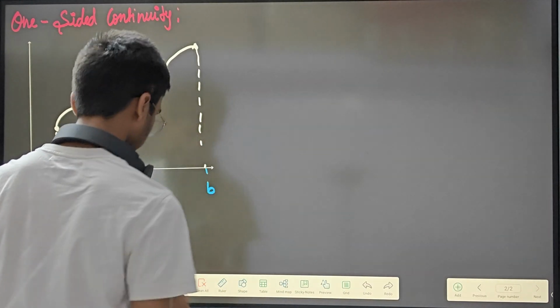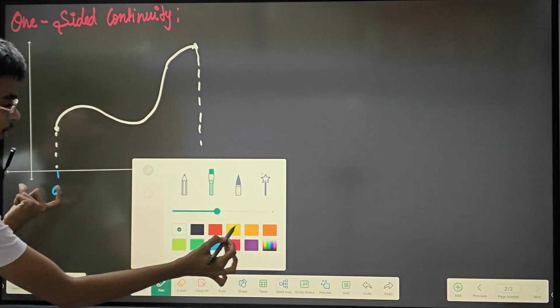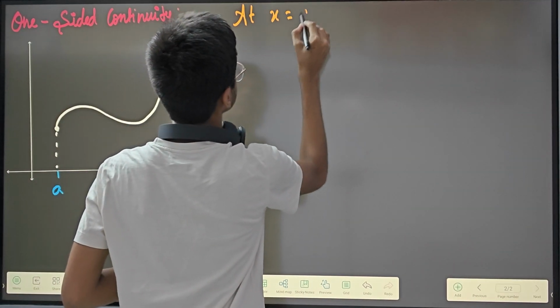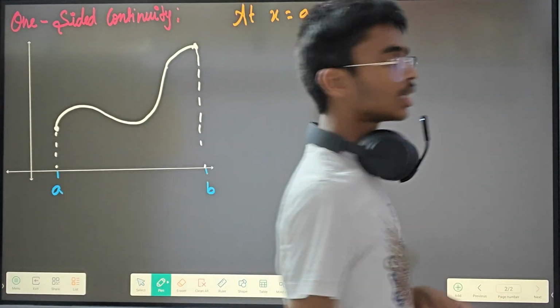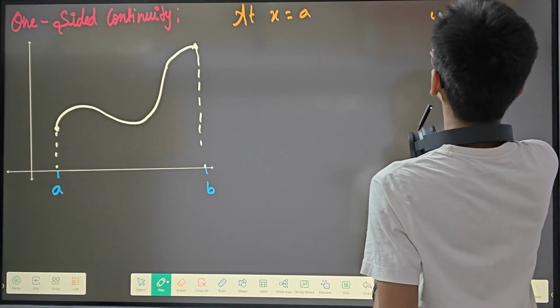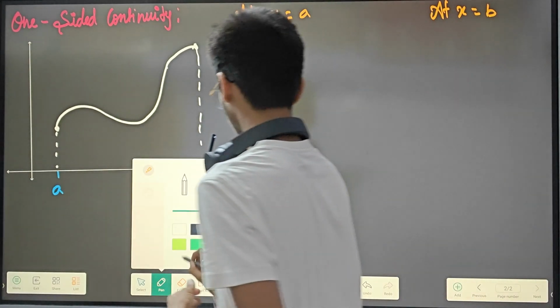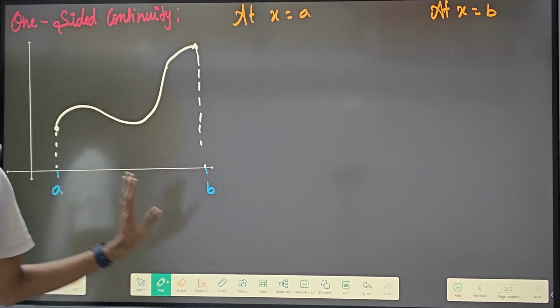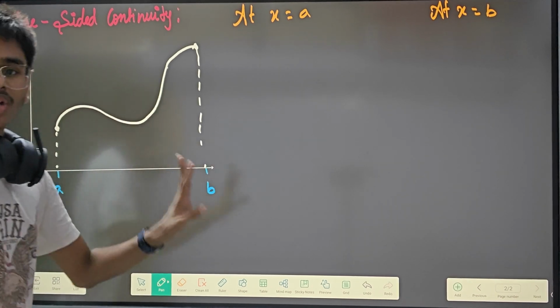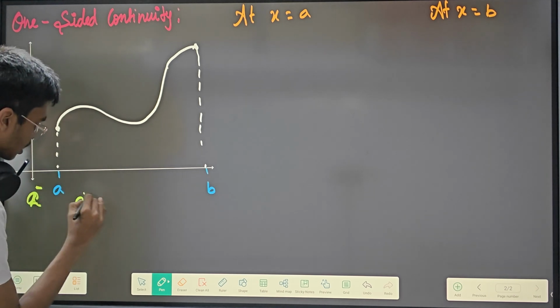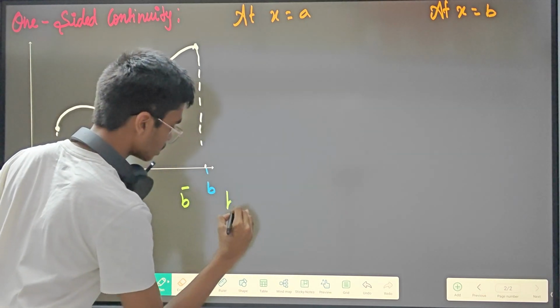Now what you are going to do, we are going to first check here. So at x is equal to A. Okay, then also at another point, that is at x is equal to B. Now first you have to know that this is left hand side, this is A minus, which is left hand side, and this is A plus, this is B minus, and then this is B plus.